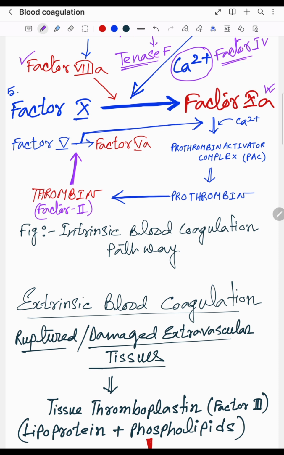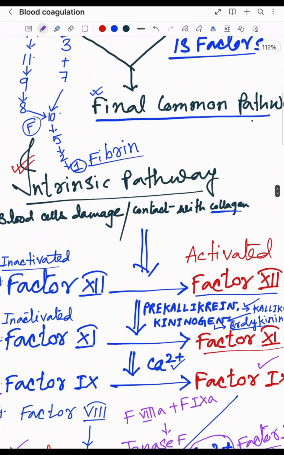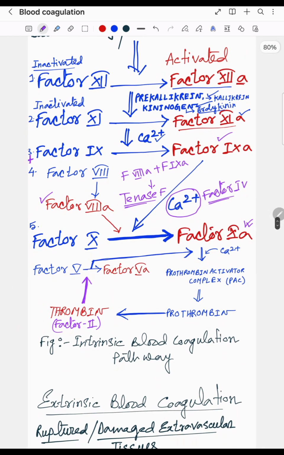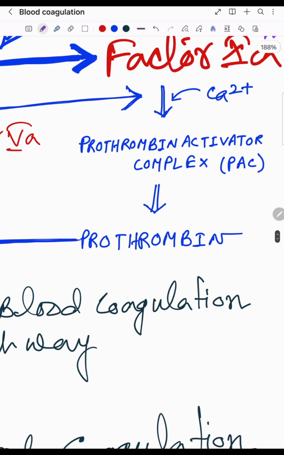So after activation of factor 10A, there will be the activation of its multiple. Remember the tricks I have told you, that here after 10 we need to activate factor 5 and factor 2. See, there is factor 2. For activation of factor 2, we have to activate its primary components like prothrombin activator complex.